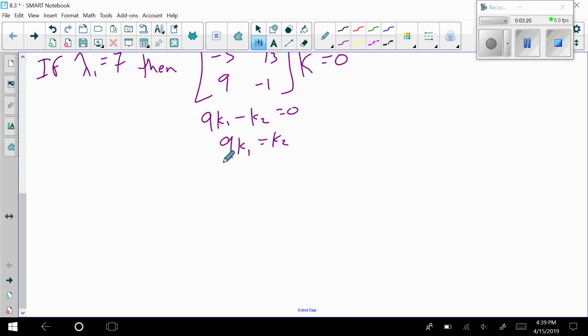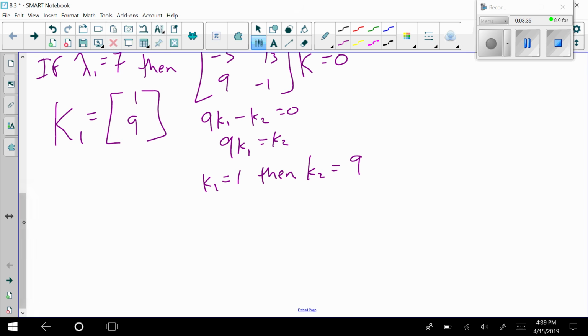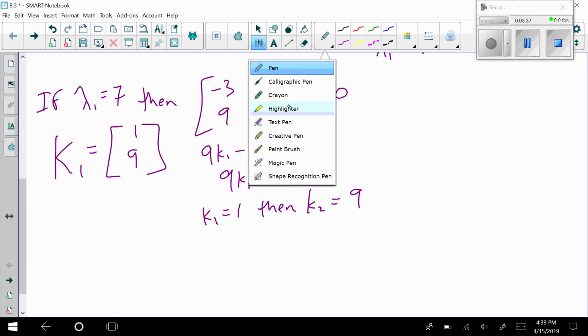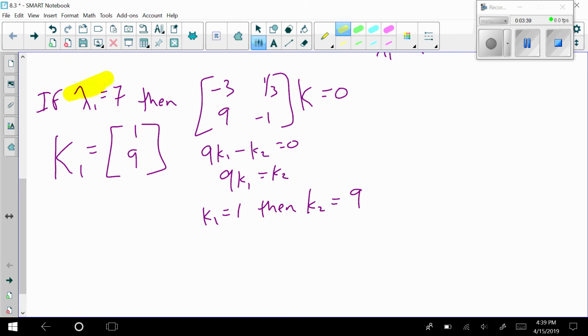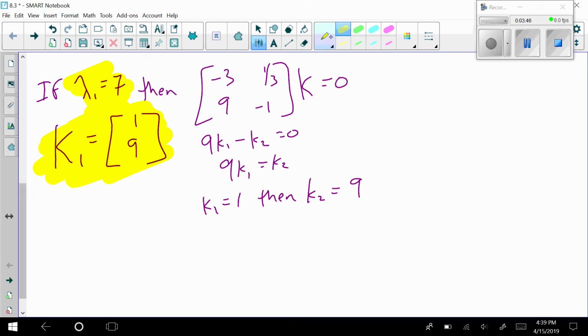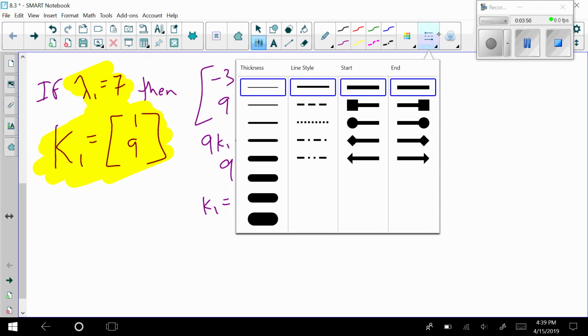If I let k sub 1 equal 1, then k sub 2 would be equal to 9, which gives me a big K sub 1 equal to 1 and then 9. And remember, these two things are tied together. That wasn't terrible, hopefully. Hopefully you remember doing those, and we're pretty good at them now.